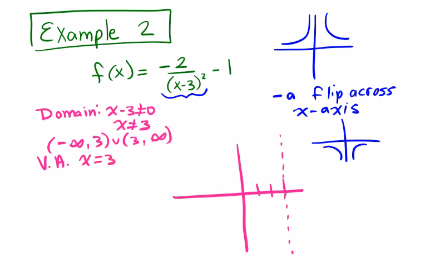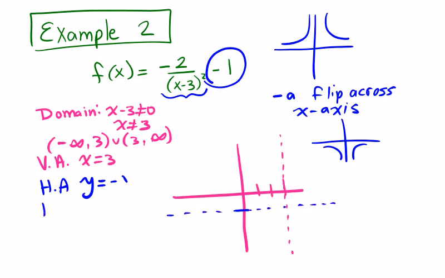We're now going to use that information to figure out where the horizontal asymptote is, and that is based off of the k value at the end. So our horizontal asymptote is going to be at y equals negative 1. We're going to go down to negative 1 and put in an asymptote there. And the horizontal asymptote creates our range. Actually, let me draw it first.